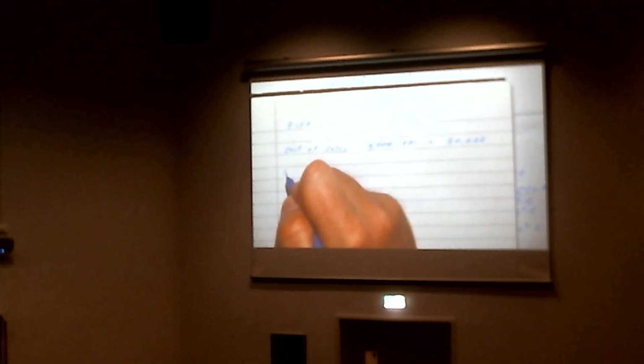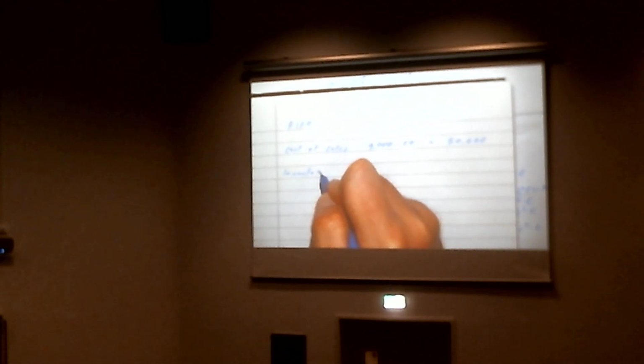So it's 9,000 times 10, so this is 90,000, right? Then, what about the inventories? On the balance sheet, how would they look after all this transaction took place?